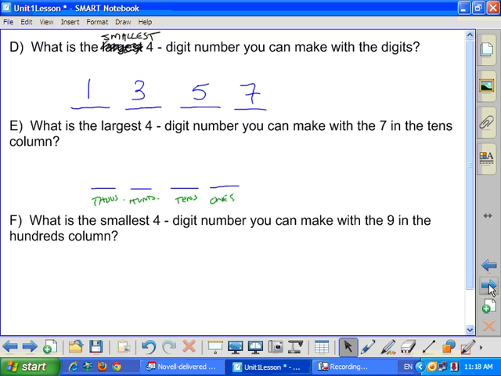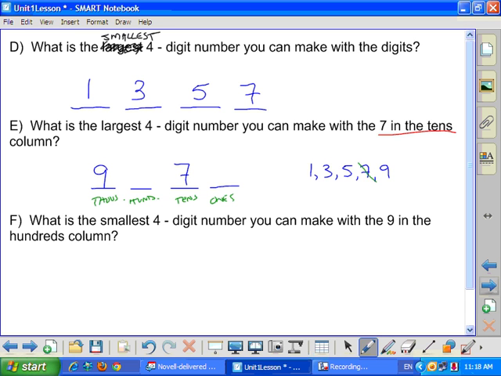It tells me that the 7 is in the tens column. So that means I've already used the 7 and it's right there. What's the largest number possible? Well, we have to use the biggest number available. So I still have the 9. And for those that can't remember, here are the numbers: 1, 3, 5, 7, 9.